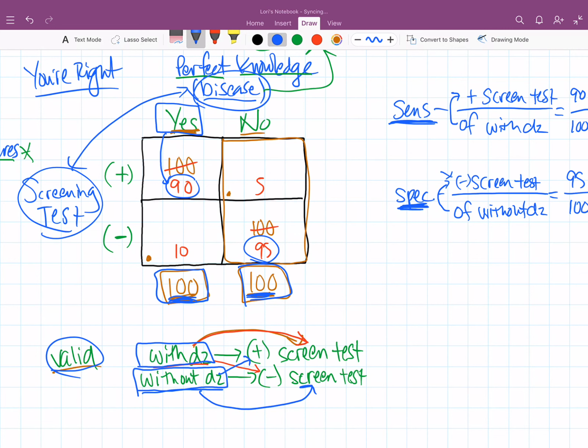And so that's why I want you to learn what the table actually means and what sensitivity and specificity really mean, rather than just memorizing A over A plus whatever. Because I think a lot of times people try to do that and then they lose track. So be sure to understand what those mean, so that you can also understand that language, but always come back to this idea that of the people without disease or of the people with disease, how good is the test at being correct? So we want to be right most of the time.